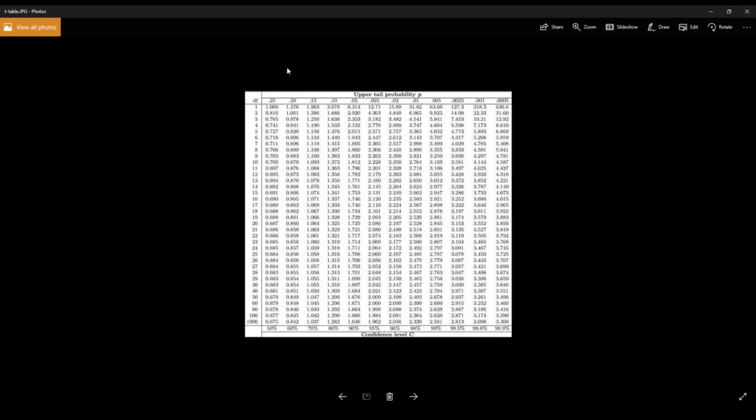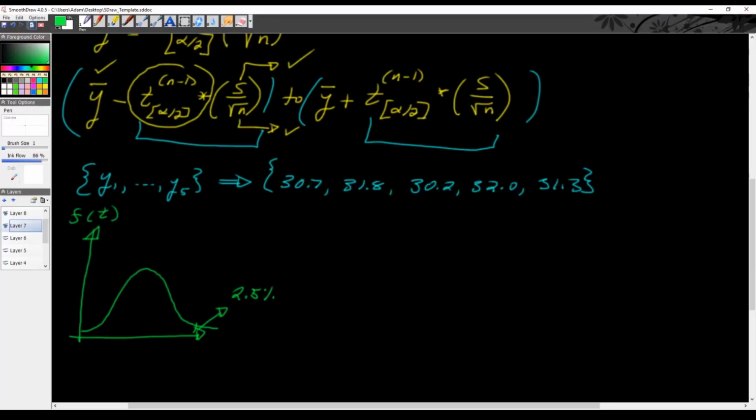Well, here's a t-table, and I know that the number of degrees of freedom is equal to 5, which is the number of observations, n minus 1. So 5 minus 1 is 4. 4 is the degrees of freedom. The upper tail probability is 0.025, so I go over to 0.025, and I see that that critical t-value is 2.776.